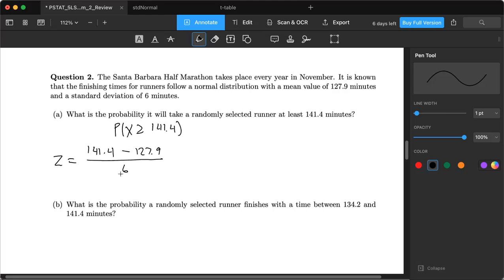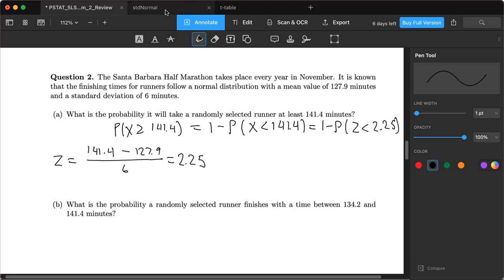I'm going to do that in my calculator. 141.4 minus 127.9 divided by 6, you get 2.25. And so this is equal to 1 minus the probability that X is less than 141.4, which would be equal to 1 minus the probability that Z is less than 2.25.